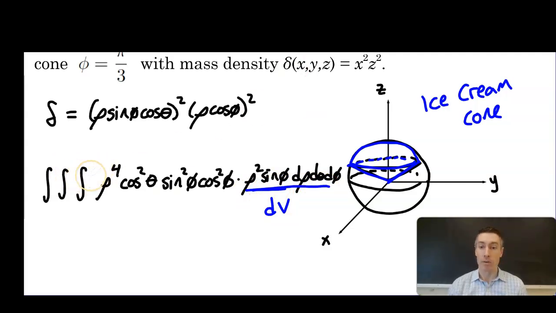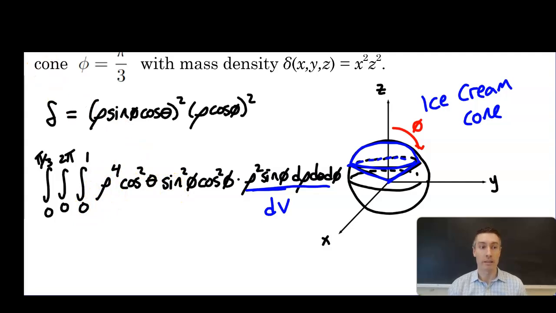And then our bounds: rho from 0 to 1, out to the surface of the sphere. Then we're going all the way around in a circular motion in the xy plane, so theta from 0 to 2 pi. And then phi, as we go off the positive z-axis, goes until we hit the cone, so 0 to pi over 3.